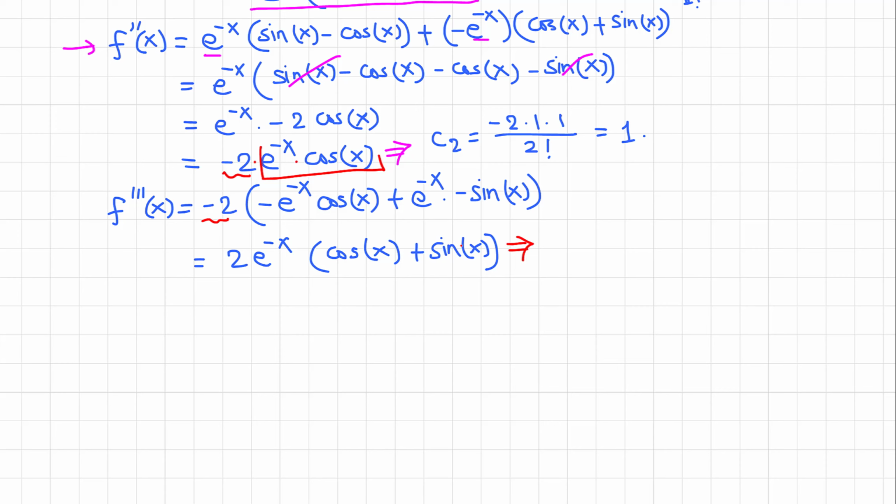Based on this, we can find c3: evaluate this at 0. So 2 times e to the 0, which is 1, times cosine 0, which is 1, plus 0, all over 3 factorial, which is 6. So on top we have 2 over 6, which is 1/3.